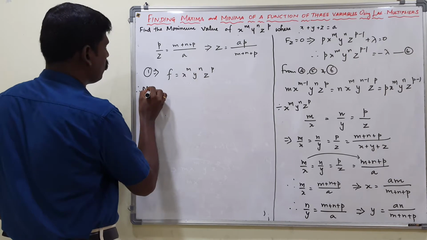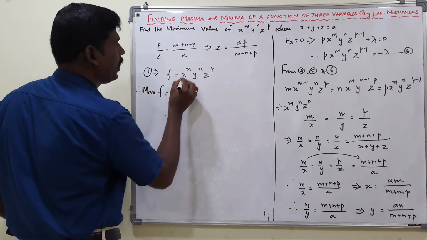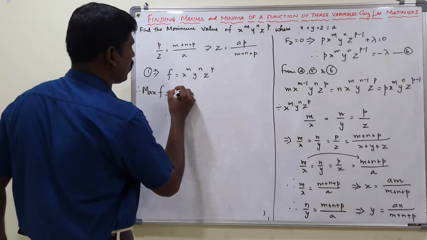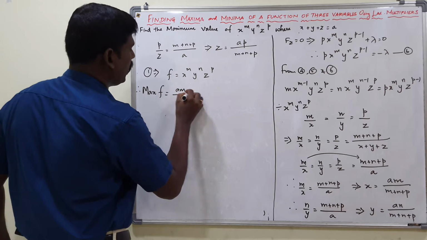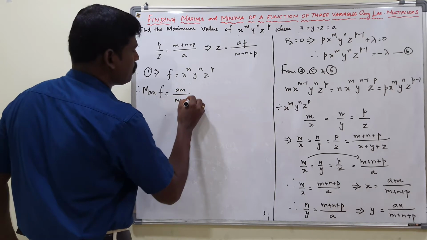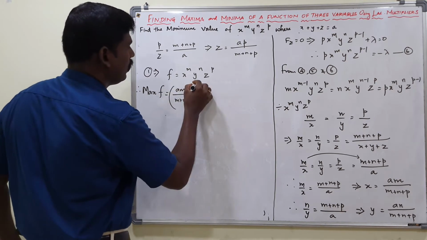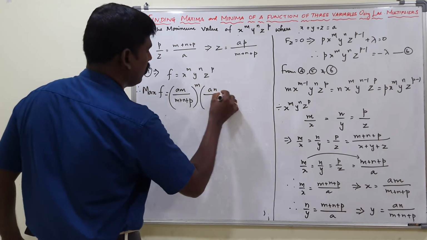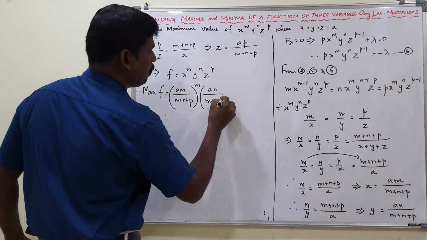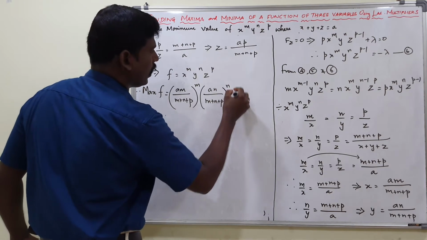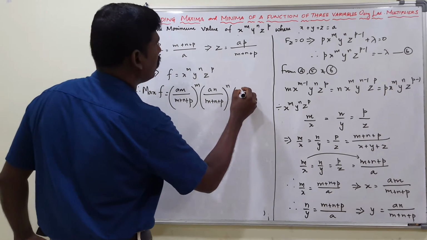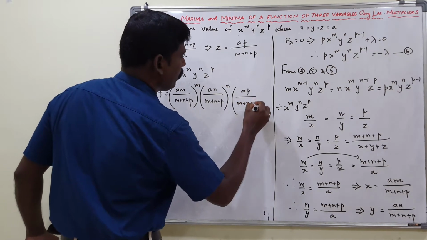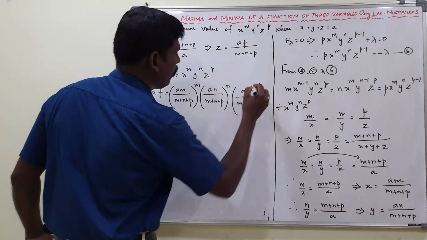Maximum f is obtained by replacing x by am by (m plus n plus p), the whole power m, into an by (m plus n plus p) the whole power n, into ap by (m plus n plus p) the whole power p.